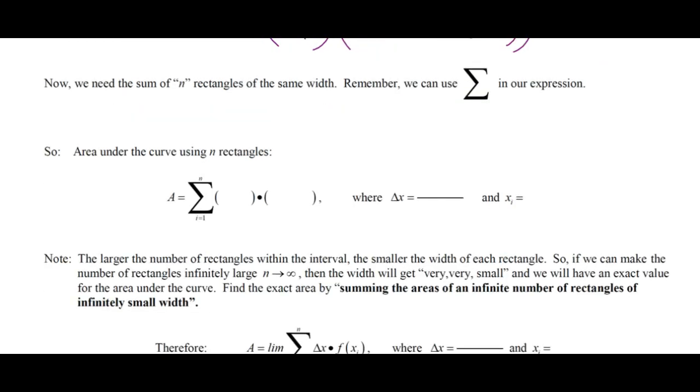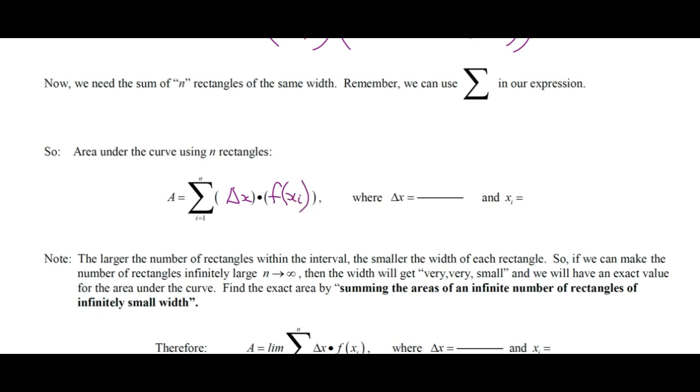So the area under the curve using n rectangles is A equals the sum from i equals 1 to n of the base, which is delta x, times the height, which is f of x sub i.